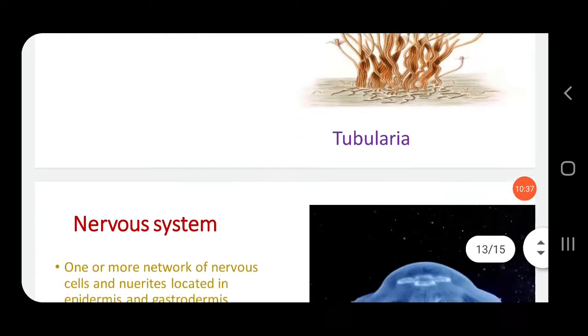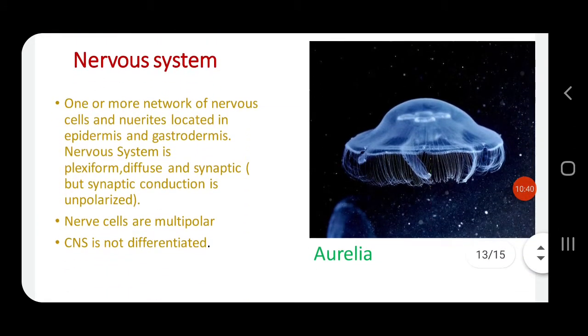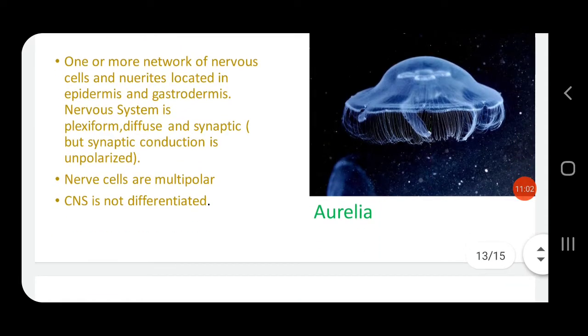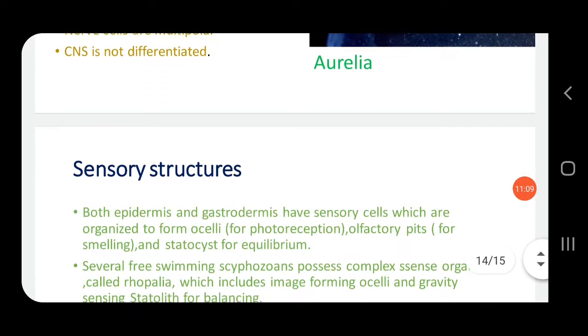The nervous system is made up of special cells known as neurons, which are located in the epidermis and gastrodermis, and that is why the nervous system is known as plexiform, diffuse, and synaptic. Nerve cells are multipolar, and their CNS, the central nervous system, is not differentiated.